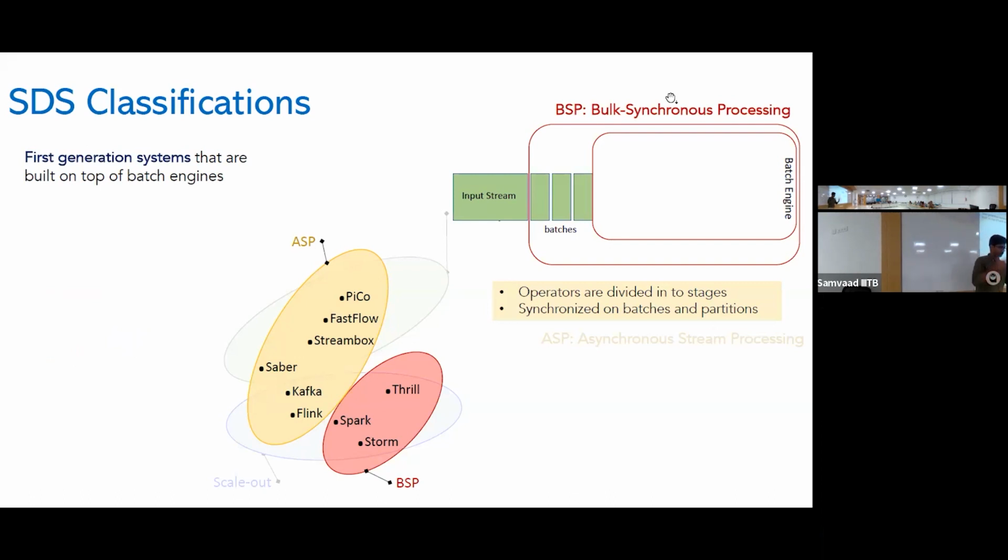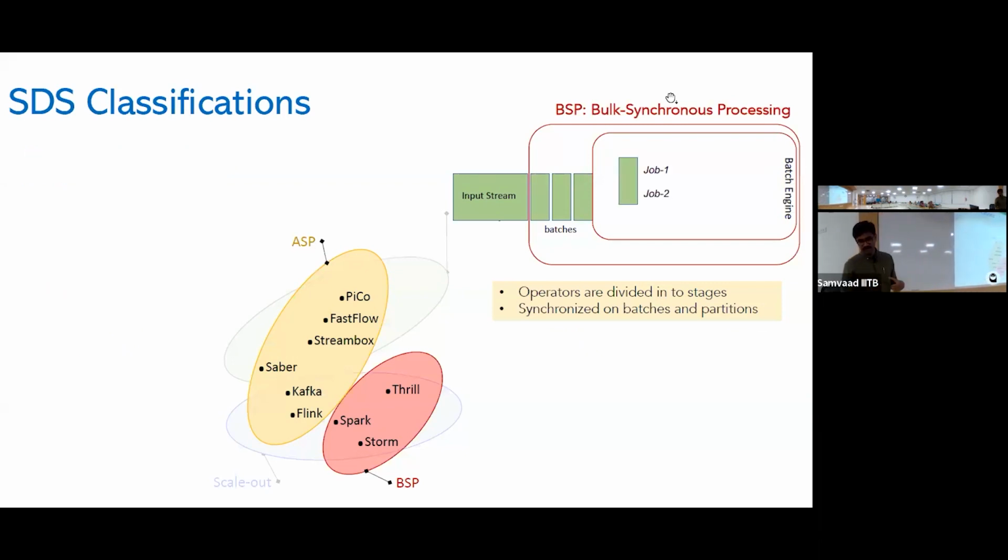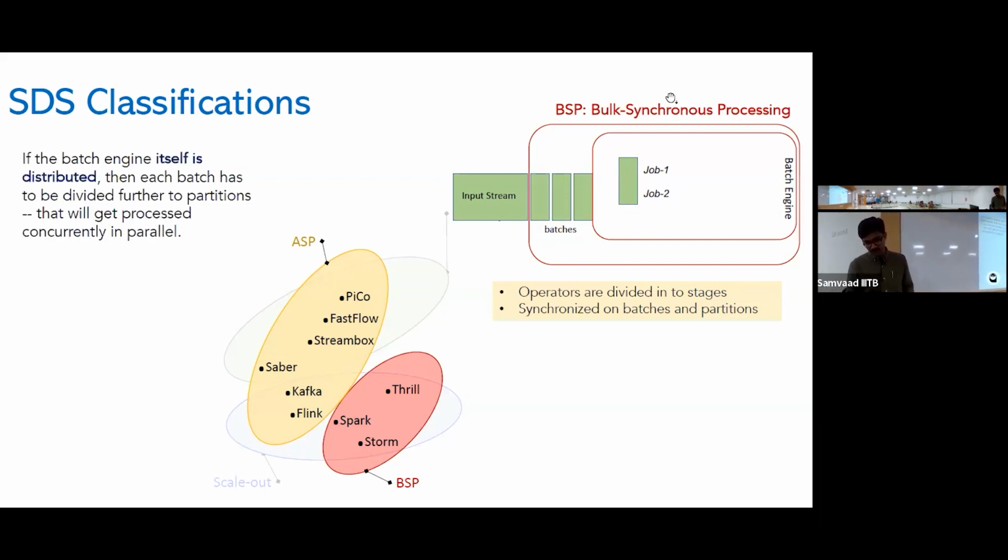By this time, you should know why these batch systems are not so good, right? They tend to give a lot of latency. If you are internally using a batch engine, of course, the incoming stream has to be divided into batches, and each batch should be given as input to these batch engines, right? Once you give that as input, it will generate multiple jobs on top of it and give out the results, and all the jobs get terminated. Then you will take the next batch, right? So on and so forth.